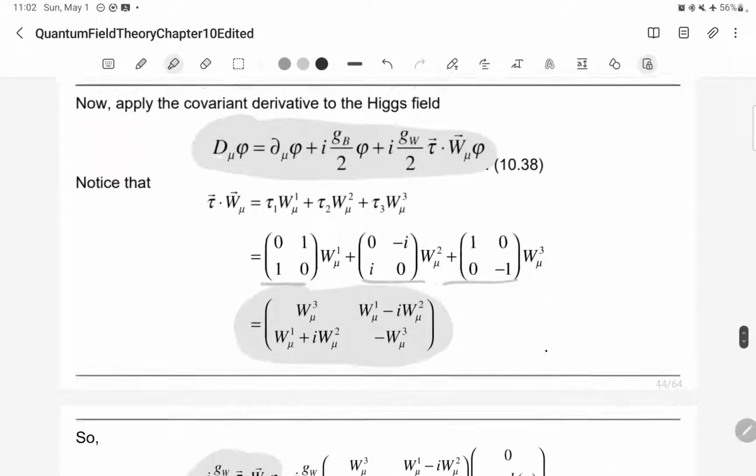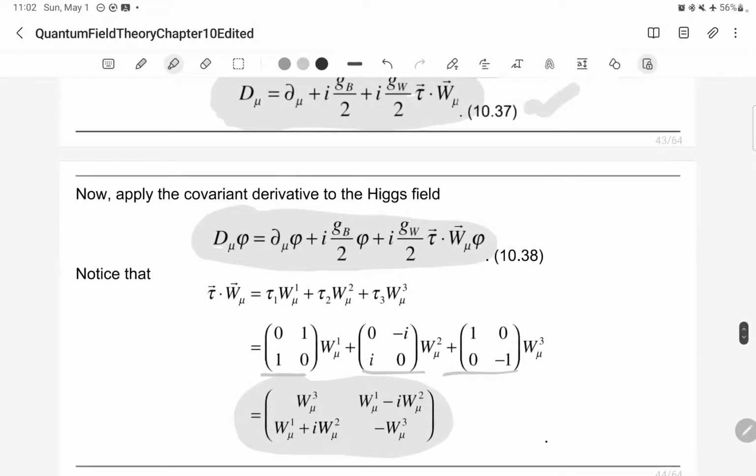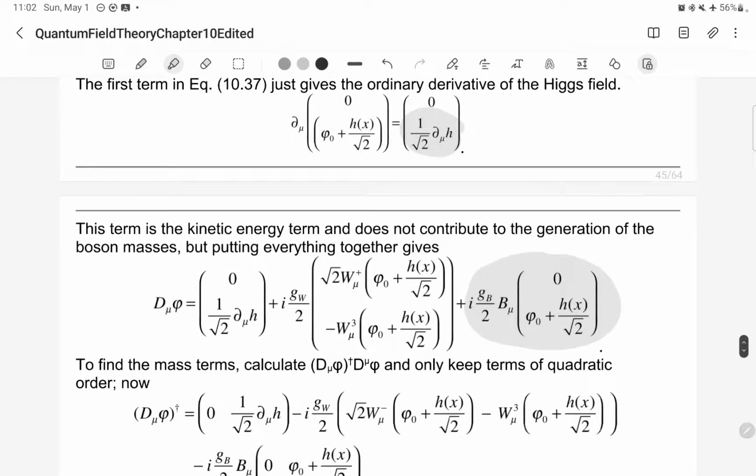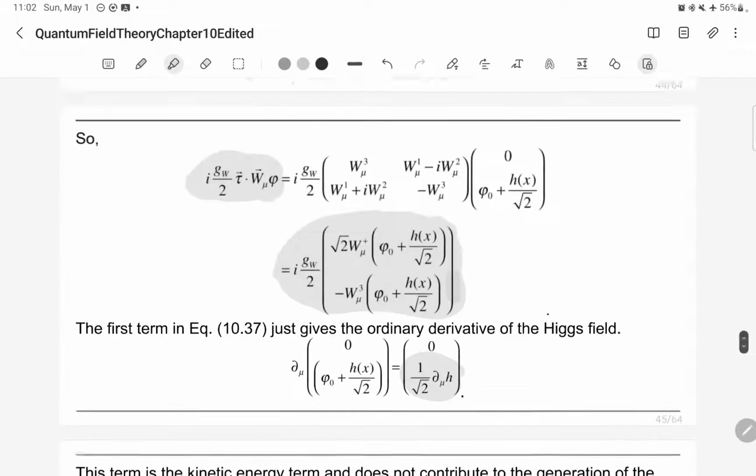So this one is the second term, which is given by this.